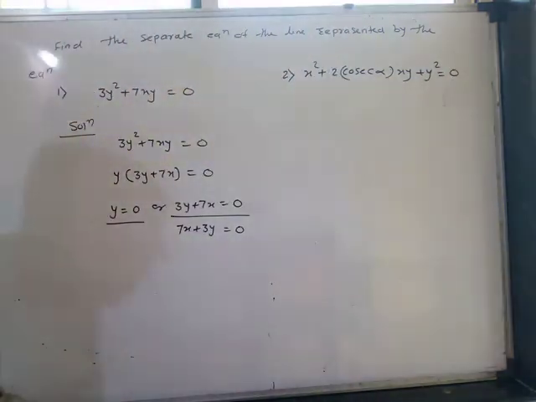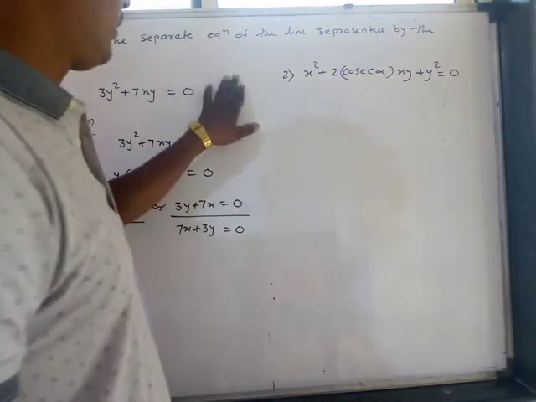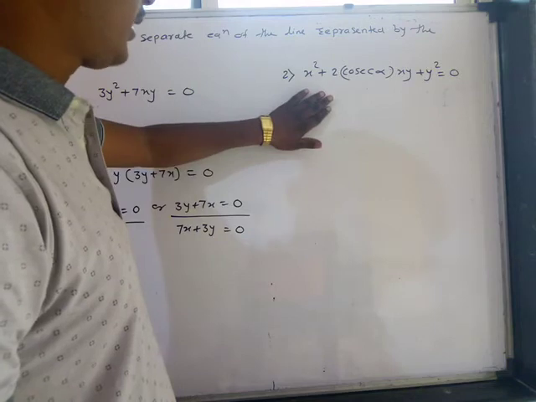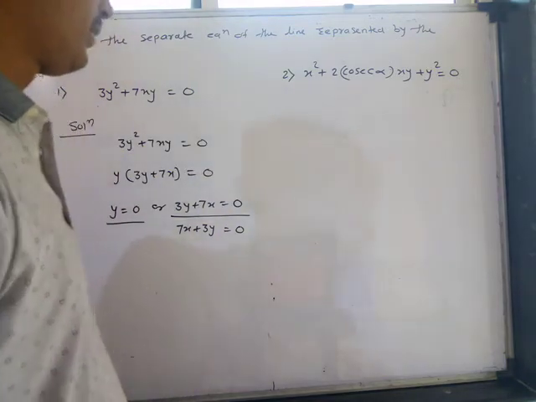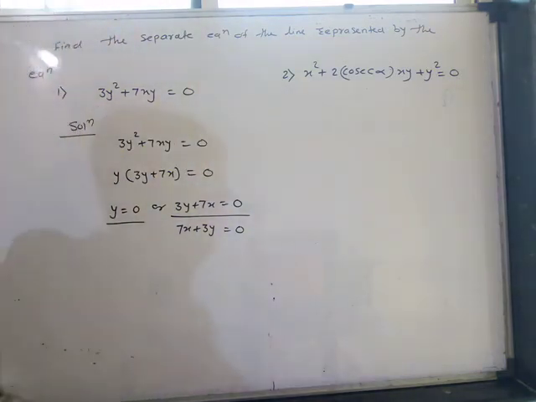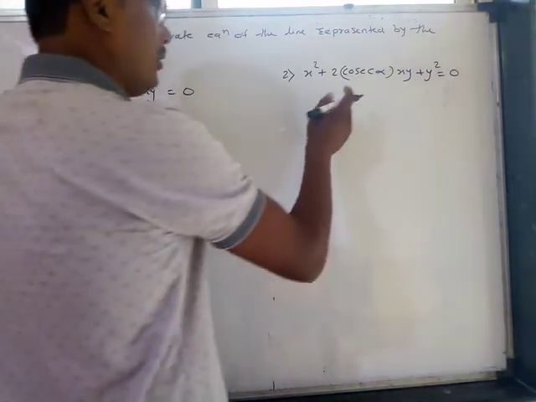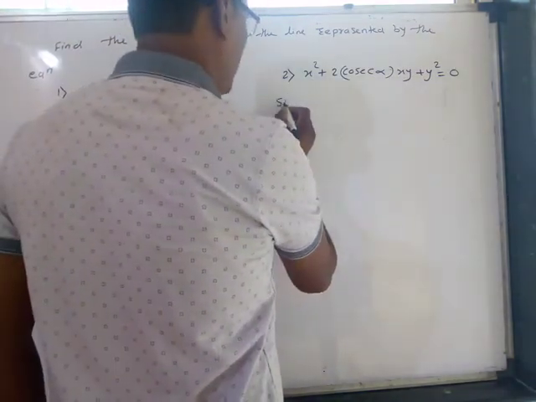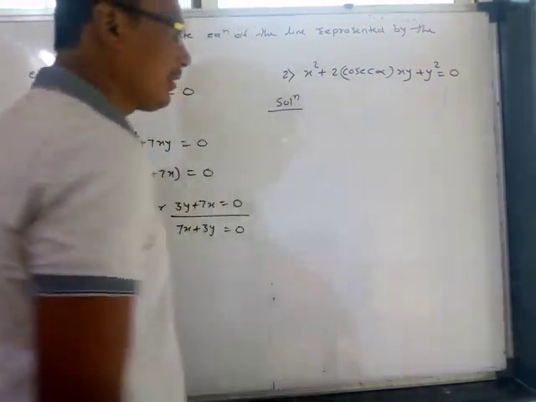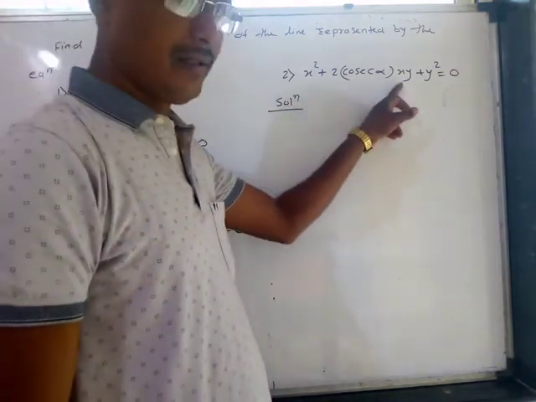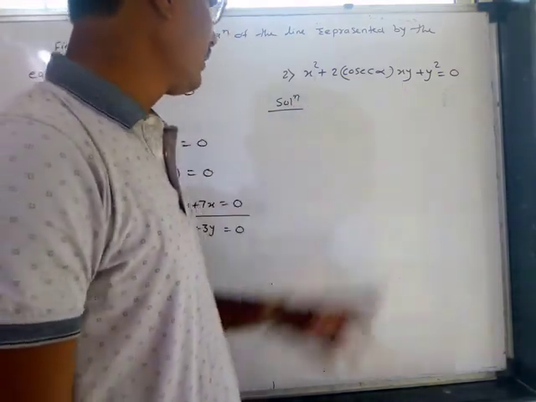Now we have to find the separate equations of these two lines. So we consider this as a quadratic equation in x.